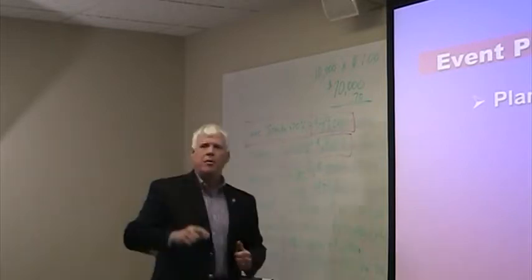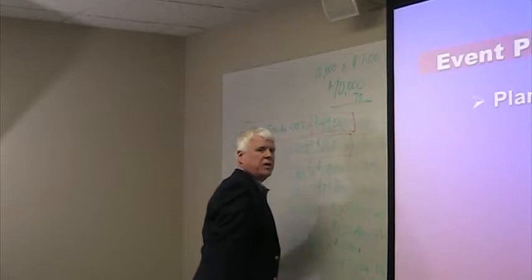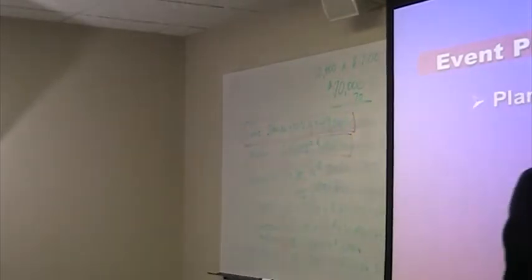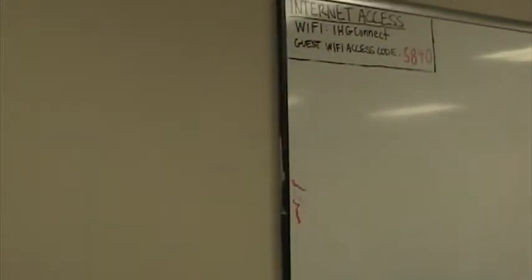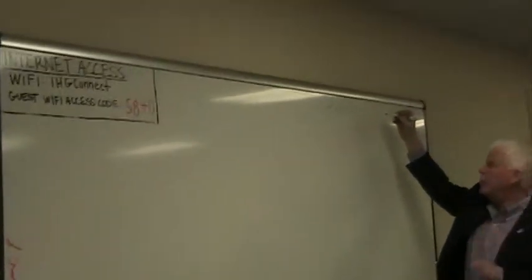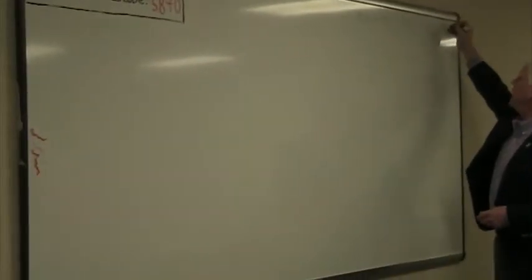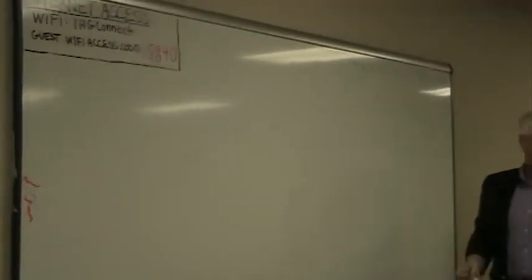I think I'm going to move to this chart over here, because I want to write this down. If you remember, we had a standard. We can have one POS per how many people? Remember, we had 175 was one number, we had 200 was a number, we had 150 as a number, as a ratio.